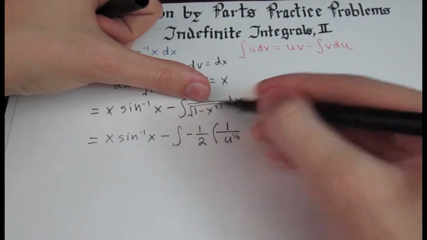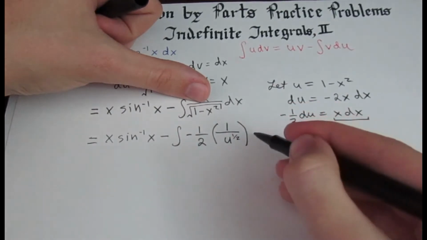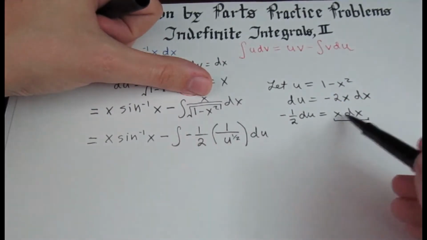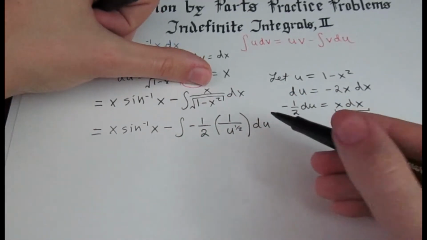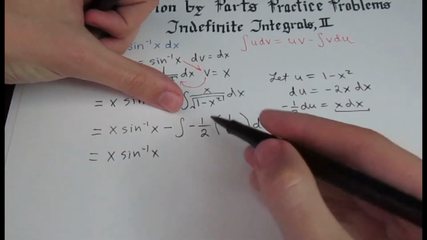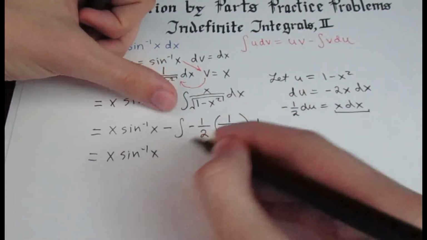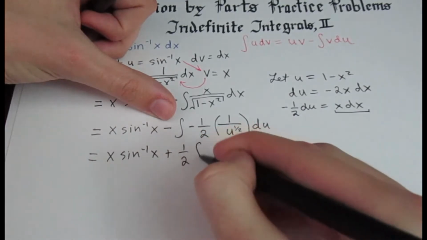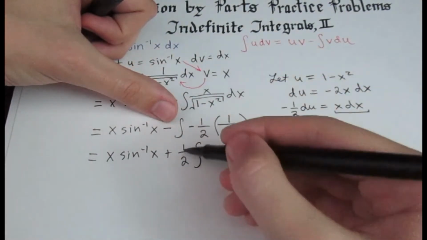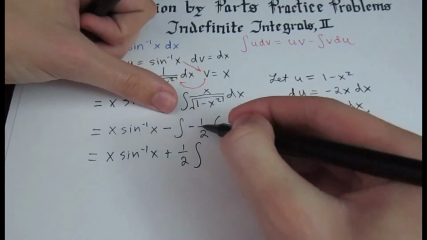This is how it could be tempting to skip steps, which wouldn't be wrong if you just put plus 1/2 times the integral, because negative 1/2 is a constant. It could be pulled out, and when you get really good, you don't have to write this additional step. So I just pulled that out.